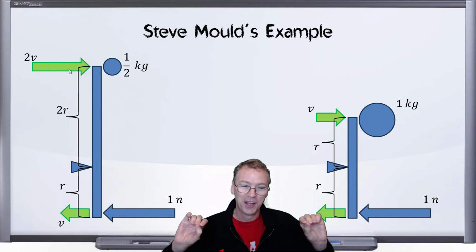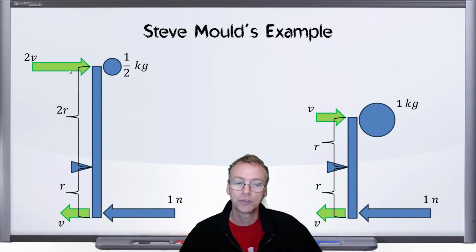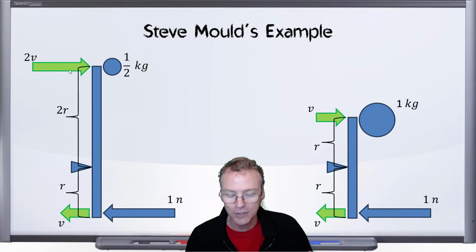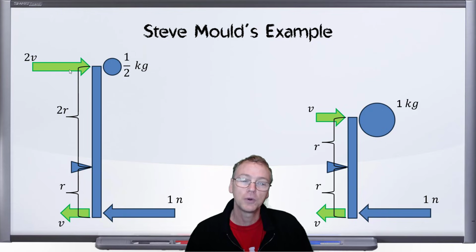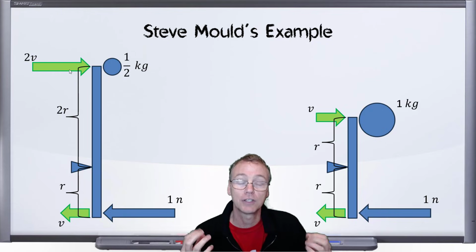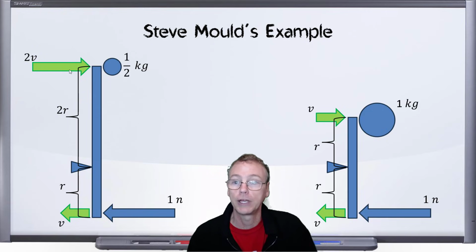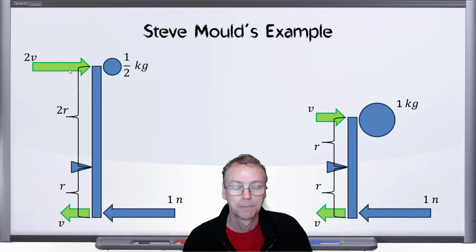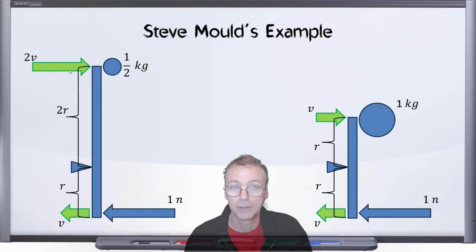Let me stress again, in Steve Mould's video, he goes on to show with a physical demonstration that this is incorrect. What I'm showing you is wrong, and we're going to use conservation of energy to show that it's wrong and explain where we made the mistake. So do not allow yourself to jump to the conclusion that we have conserved momentum.